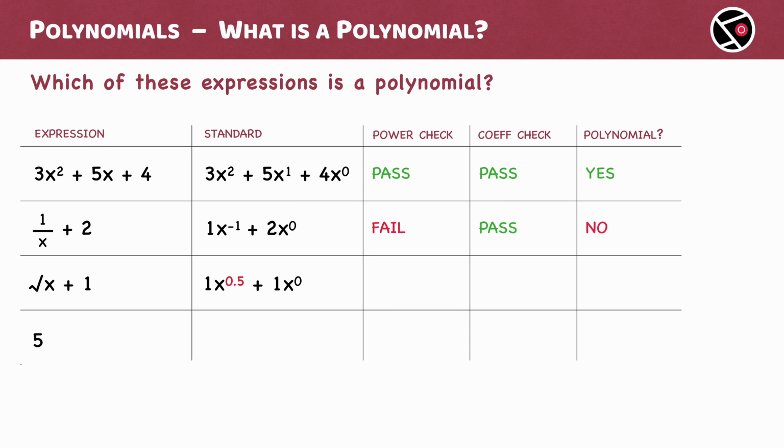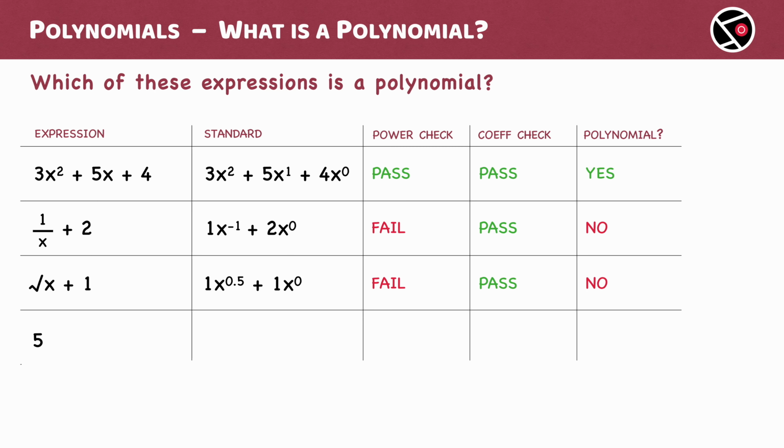This is not a whole number. So again, Rule 1 is not satisfied. This expression is not a polynomial. The coefficients are 1 and 1, both real numbers. So Rule 2 is satisfied. However, since Rule 1 failed, this is not a polynomial.